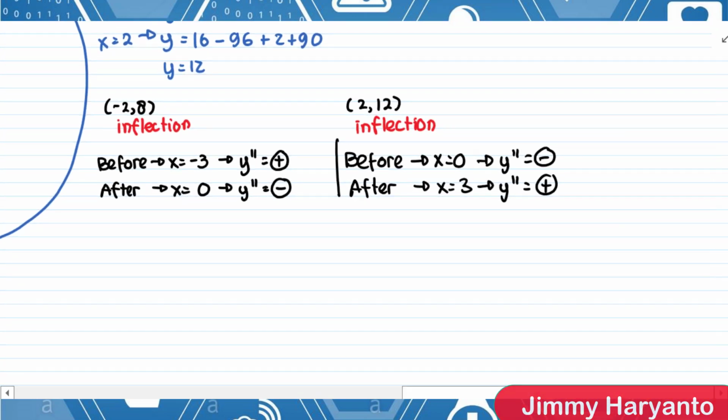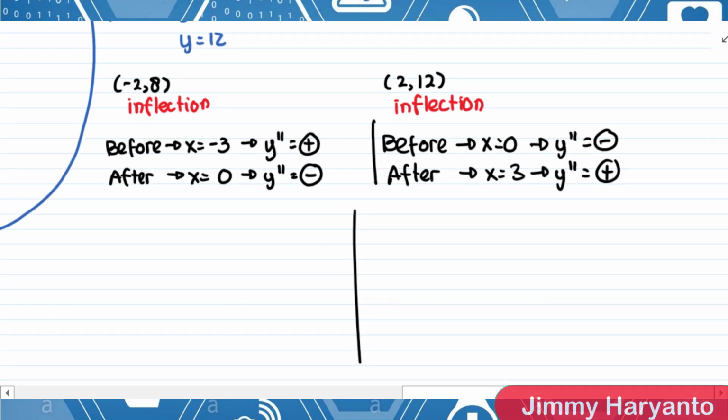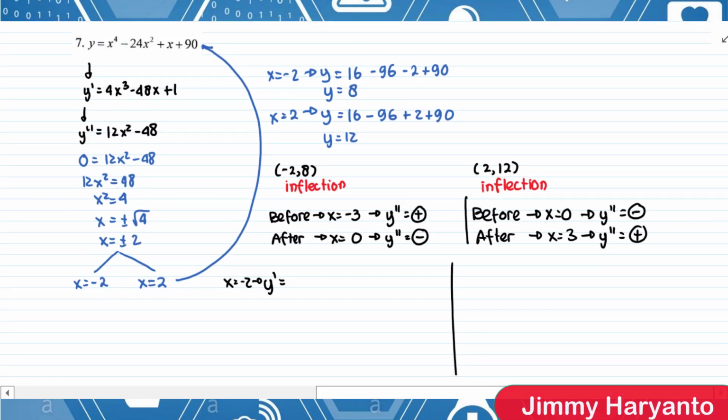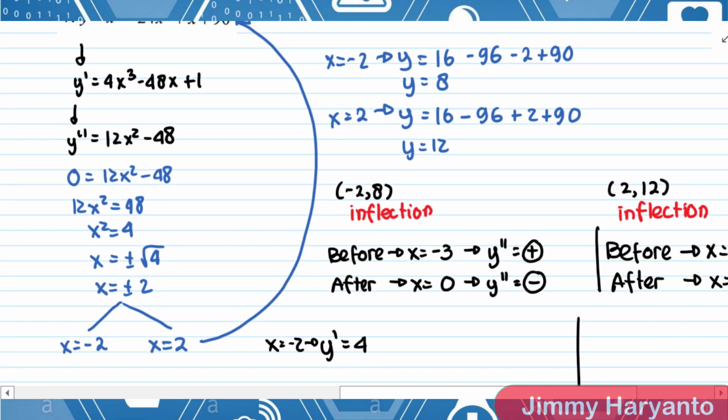And that is the bad news, because we have to find both lines. Yeah, 2 lines right here. So I can find the y-accent first when x equals negative 2 to find the gradient. Y-accent is 4x cubed minus 48x plus 1.